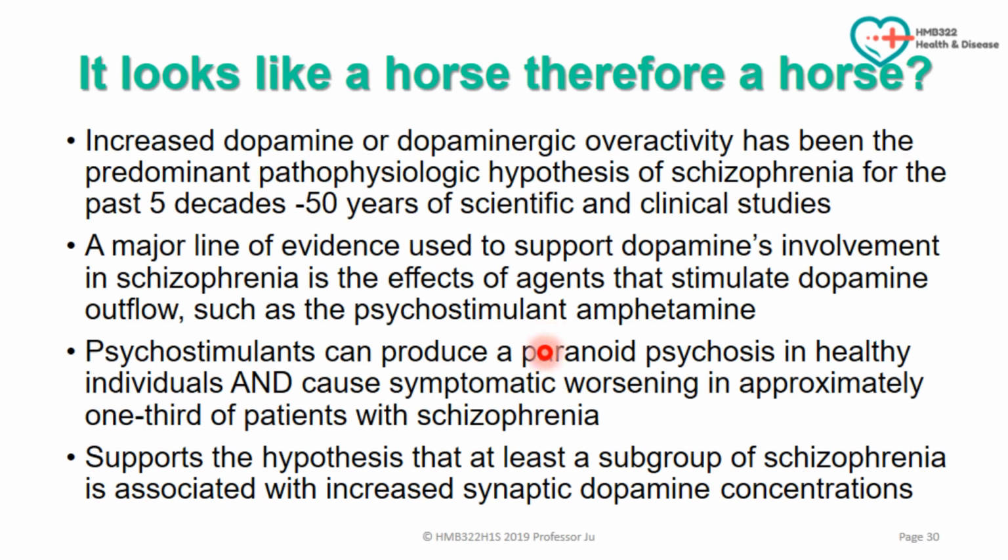If you are taking them for prolonged periods of time or at high doses, they actually do produce a psychosis, which is, again, like a hallucination or changes in thought and disordered thoughts. And this is in healthy individuals.